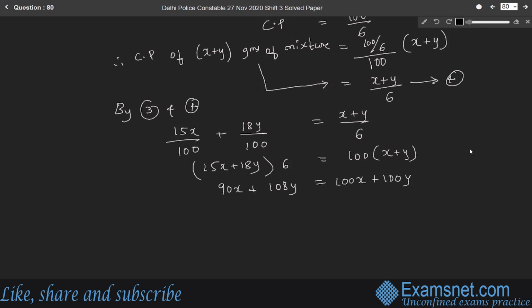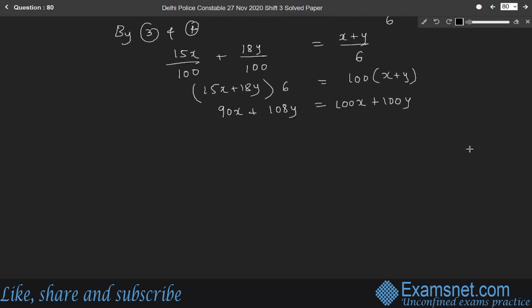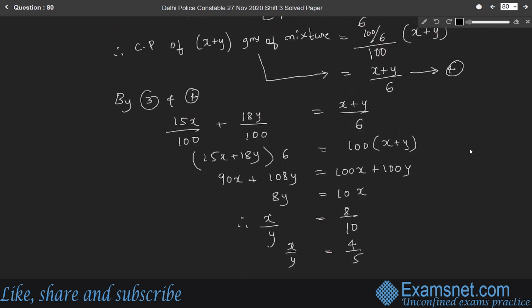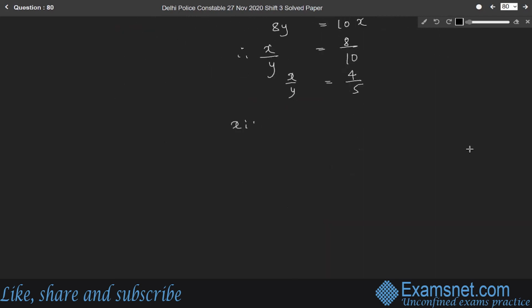Which is equal to 108 minus 100, that is 8Y is equal to 10X. Therefore, X by Y is equal to 8 by 10. In other words, it is 4 by 5. So what is 4 by 5? It is nothing but X is to Y equal to 4 is to 5.